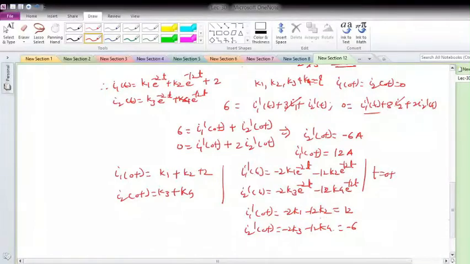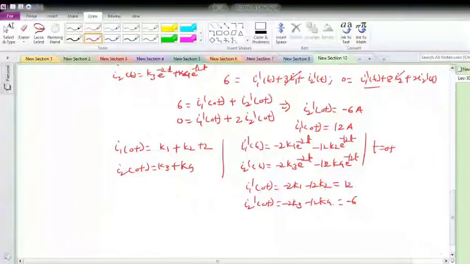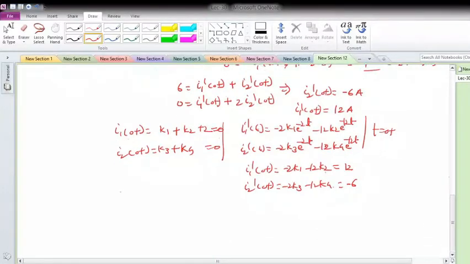Now I know the four equations, four unknowns, so I can solve it very quickly. Now here my solution is, if I substitute I1 dash, I2 dash, and this will be obviously 0, this is 0, this is 0. So if you solve, I got K1 is minus 6 upon 5, K2 is minus 4 upon 5, K3 is minus 3 upon 5, and K4 is 3 by 5.